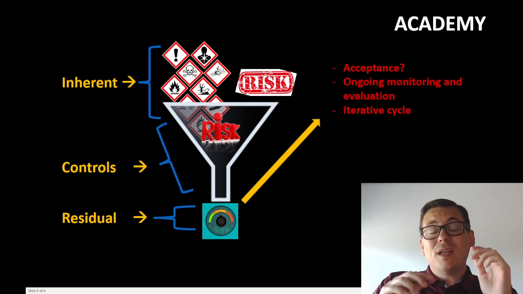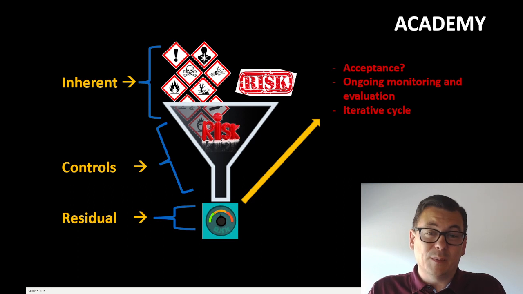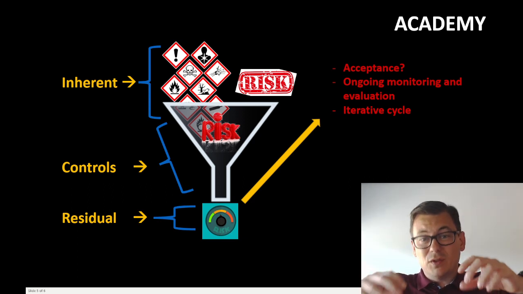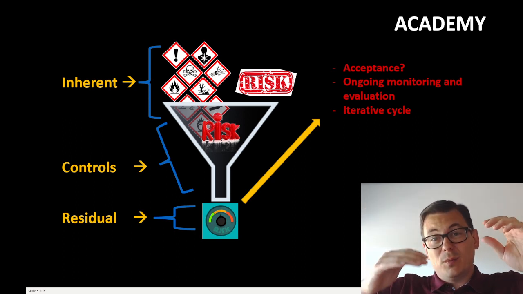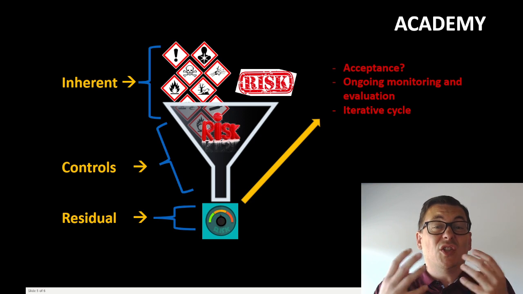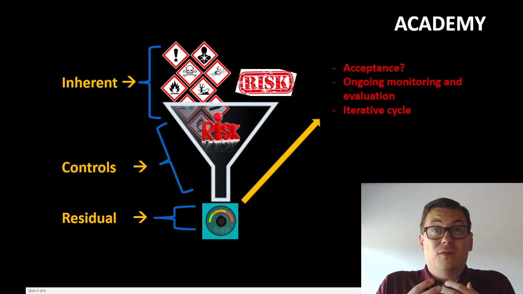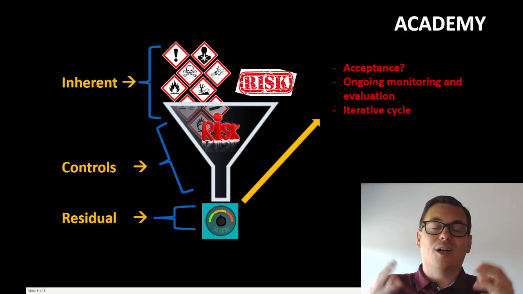What we can do is ongoing monitoring or evaluation of this system. So we set up control parameters to handle the inherent risk. We end up with a residual risk. Then we can analyze this and evaluate: is this good enough for our effort, for our tolerance level? And then we might have to adjust it again because, well, risks are changeable.